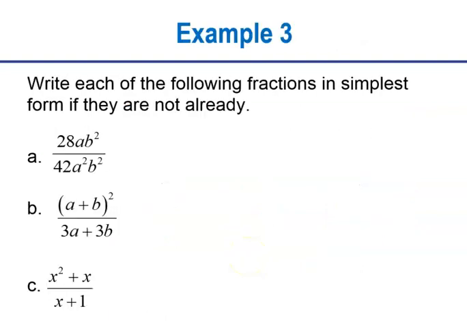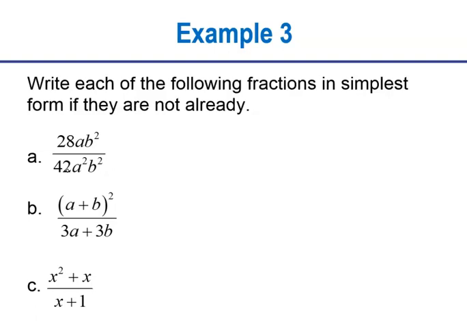So we're supposed to write each of the following fractions in simplest form if they are not already. Now we have a little bit of algebra going along here, but that's okay. We can handle this. For 28 and 42, is there a greatest common divisor larger than 1? When you first look, you know that 2 divides both of these, but there's an even larger number that divides 28 and 42.